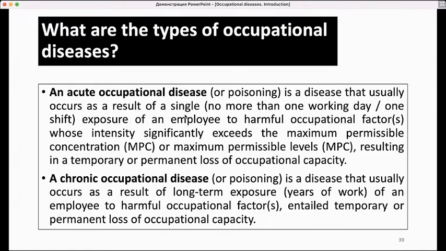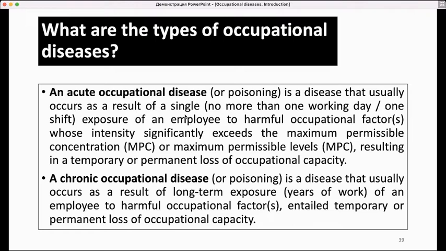That results in a temporary or permanent loss of occupational capacity. So here we need a high exposure to a high dose of a harmful agent at once. The next group is chronic occupational disease or poisoning.